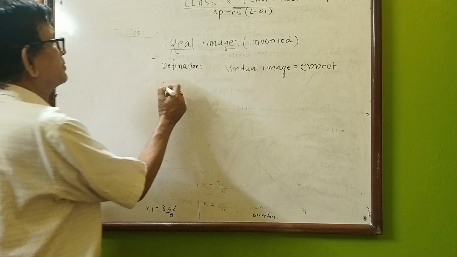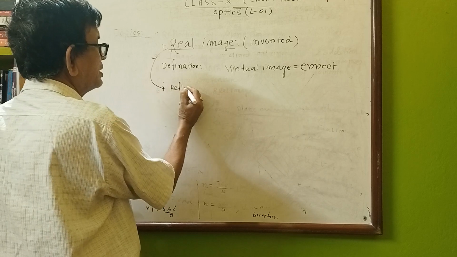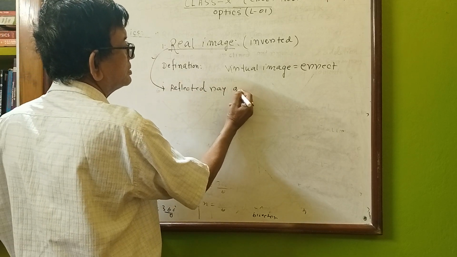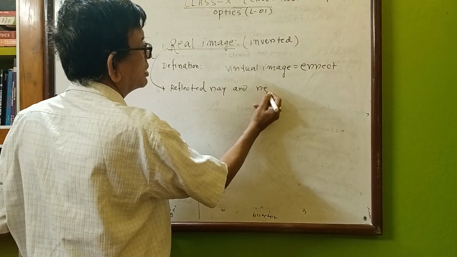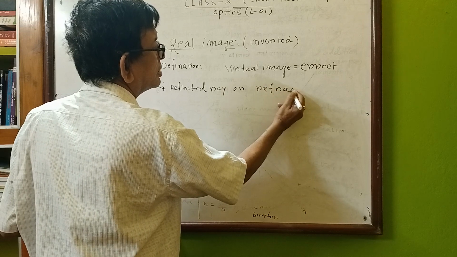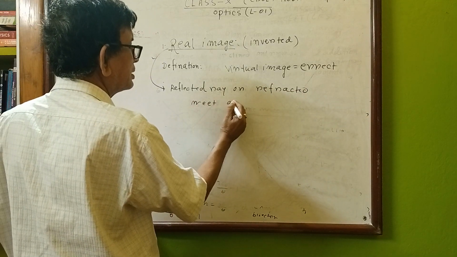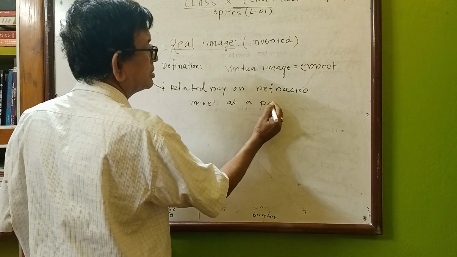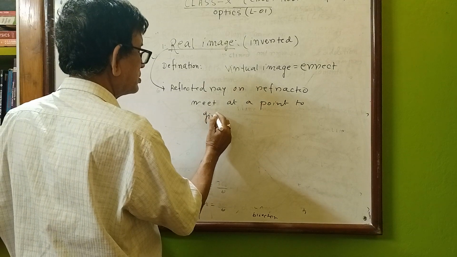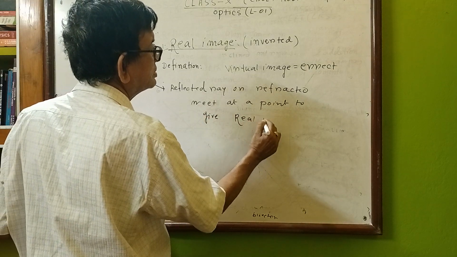Real image: reflected ray or refracted ray meet at a point to give you a real image.